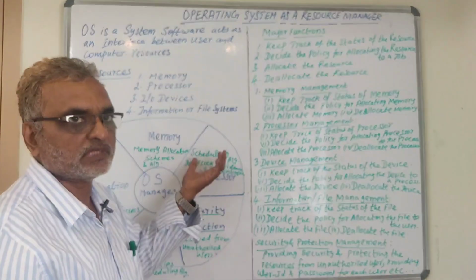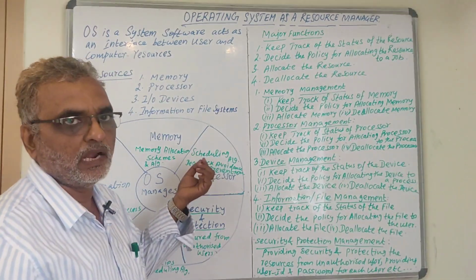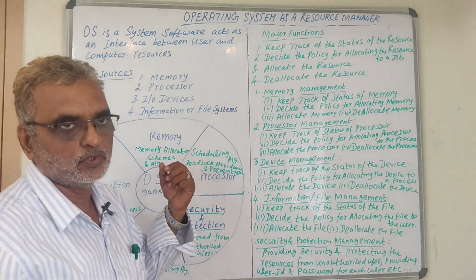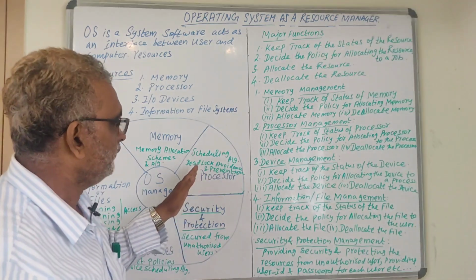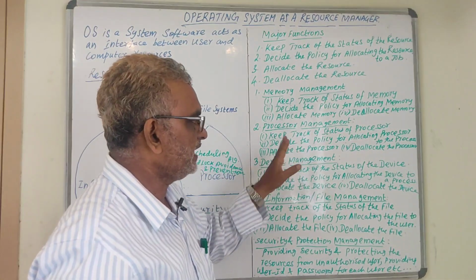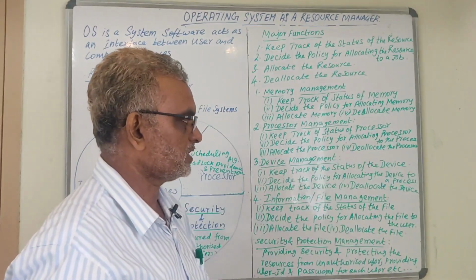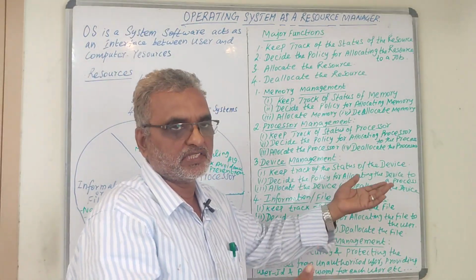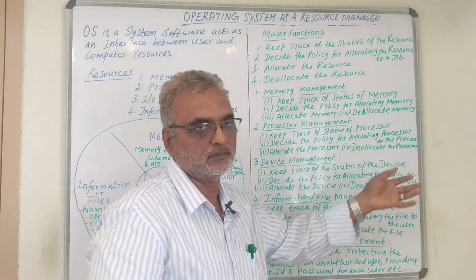Similarly, we will have some bottlenecks called deadlocks, which it manages with the help of techniques called deadlock avoidance and prevention. After deciding the policy, the processor is allocated to the particular process. Once the process is over, the processor should be reclaimed, that is, deallocated.